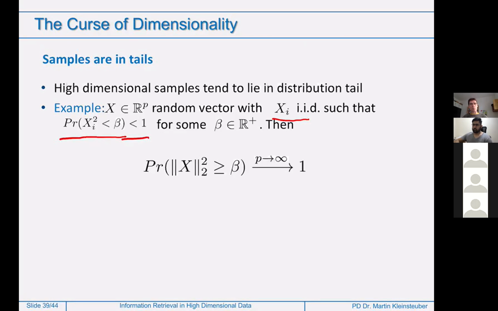It's fixed, but it's smaller than 1. This is the case for any distribution that has a support from -infinity to +infinity, like for example the Gauss distribution. And if this is the case, then we can easily show that the probability that the squared norm of your realization x exceeds any boundary beta goes to 1 as p goes to infinity.